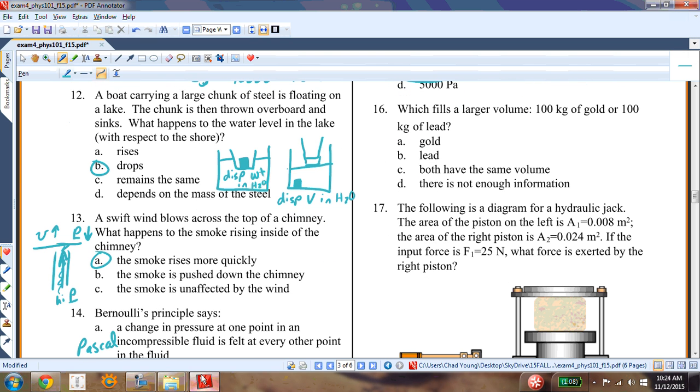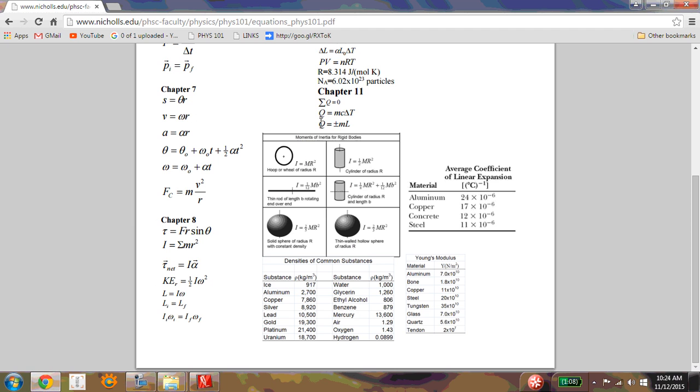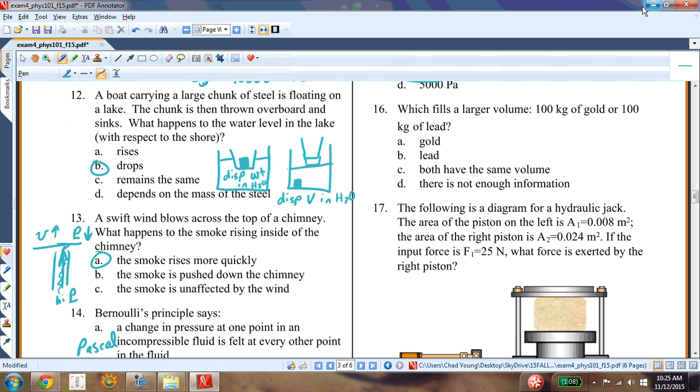Well, gosh, let's look on our equation sheet. Gold is 19,300, lead is 10,500. So gold is quite a bit more dense, about twice as dense as lead. So the less dense object will fill a greater volume. This is our mass over volume. I have the same mass.